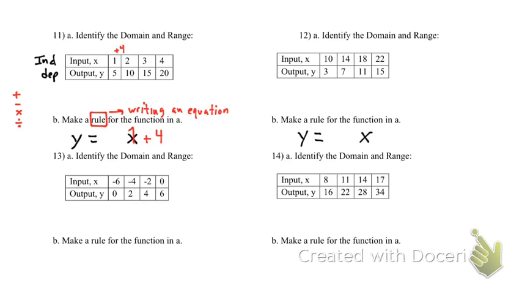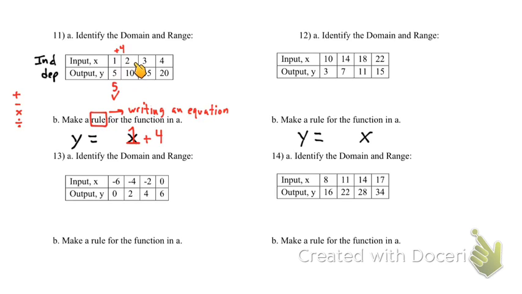So in this case, my first x value is 1. 1 plus 4 gives me 5. Is that what it should give me? And the answer is yes, it does give me 5. That rule checks off the first pair of numbers.